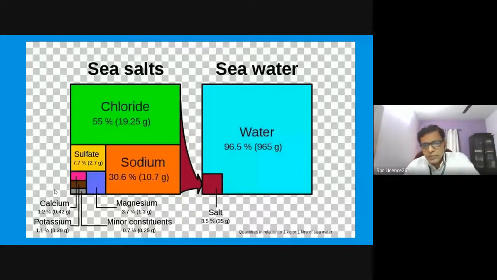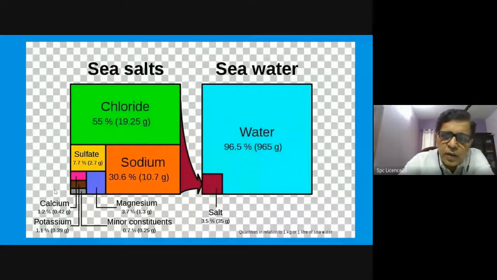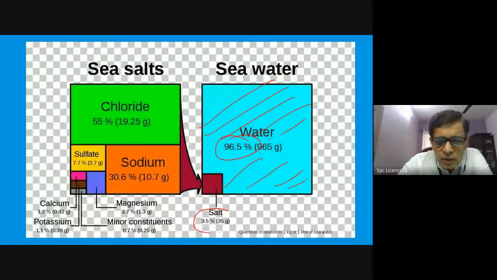If we take a sample of seawater, you'll see that 96.5% of it is basically water. A small percent of it, 3.5% or 35 grams, is actually the salt. This salt is further divided into various other salts.